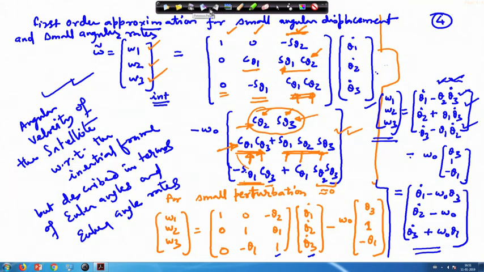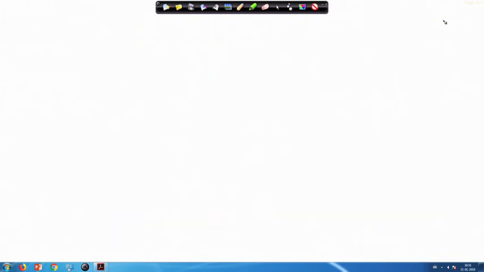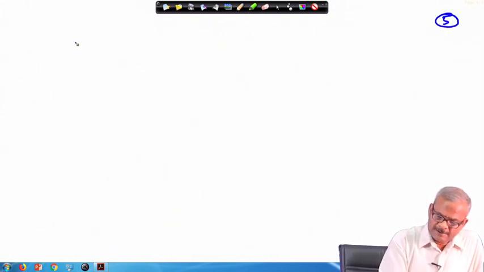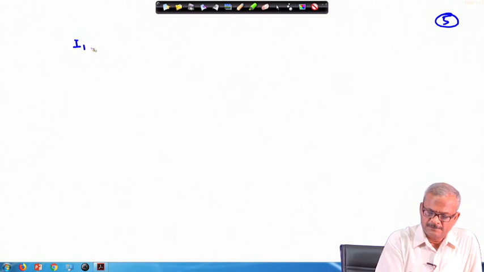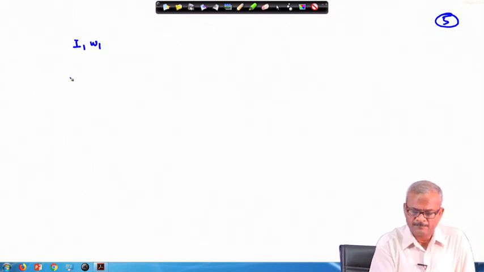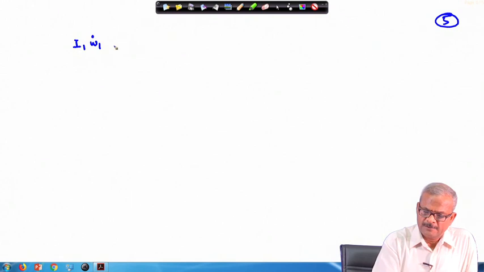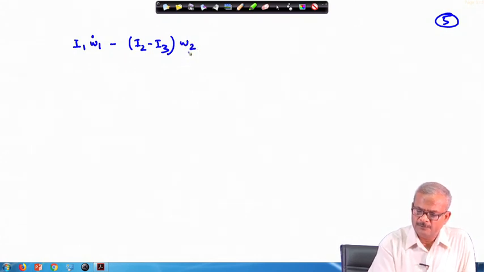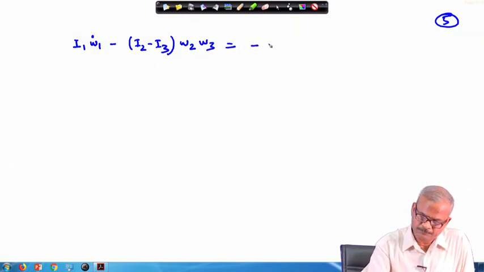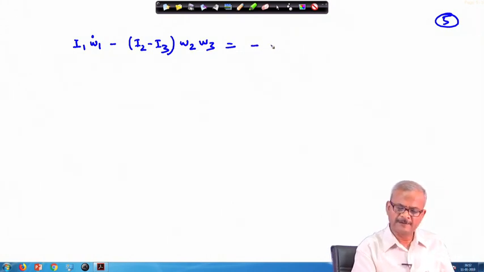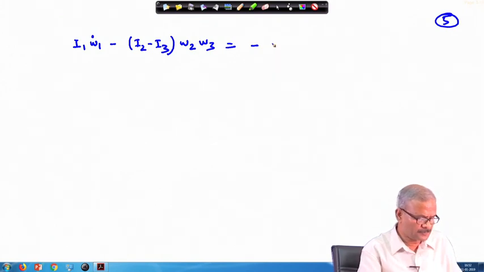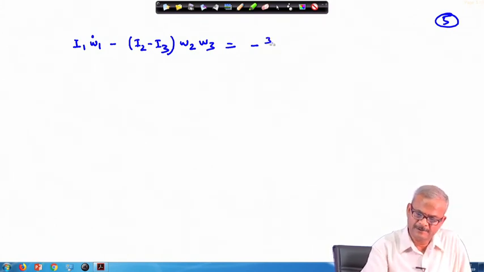Now we can write the Euler's dynamical equation. So I 1 times omega 1 dot minus I 2 minus I 3 times omega 2 times omega 3 equals minus, on the right hand side we have the torque term because of the gravity gradient, which is minus 3 mu by R c whole cube.